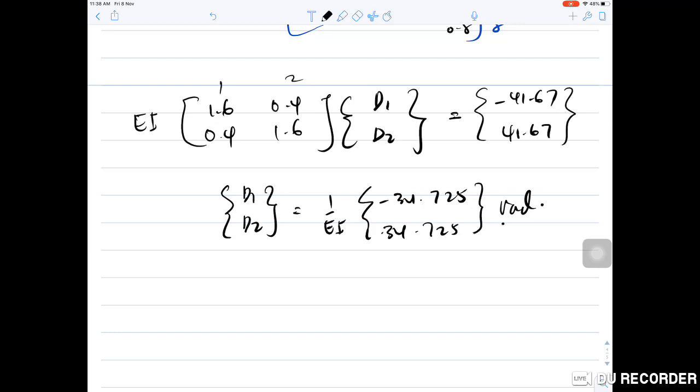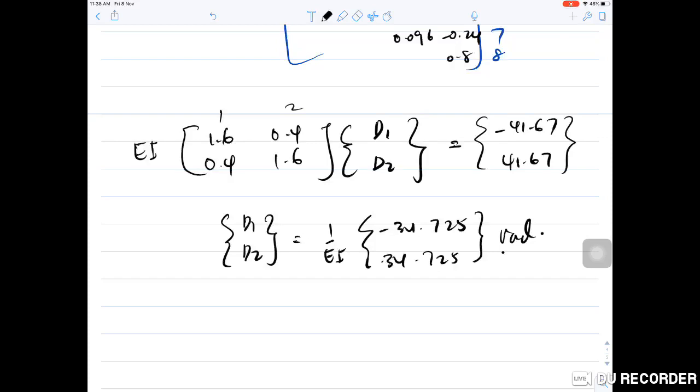For Q, as usual, let's say we want to calculate Q3. Q3 means we have to consider line number 3; if we want Q4, we consider line number 4.